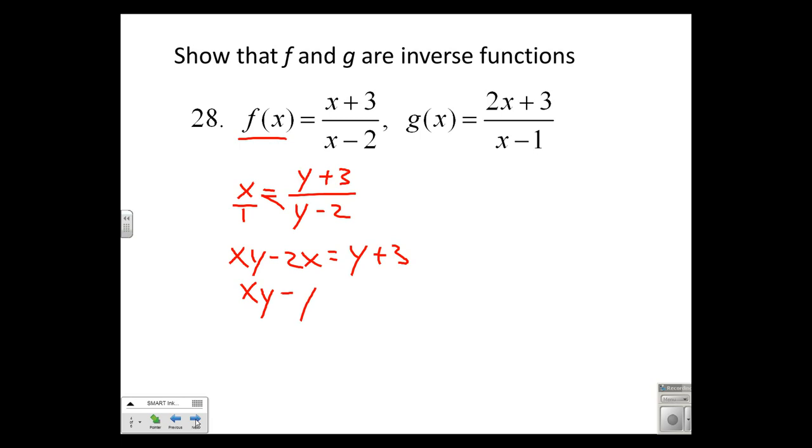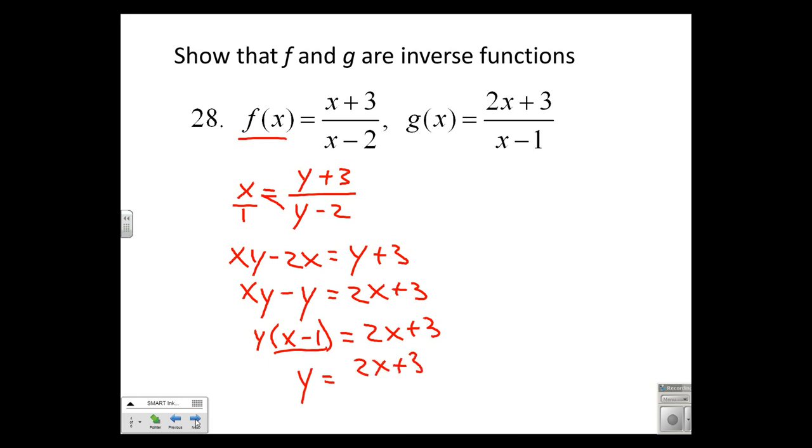Xy minus y equals add 2x joins a plus 3. I'm going to factor out a y. Y times x minus 1. That's good news. Now I have a single y finally. And I can divide away this factor. Y is 2x plus 3 over x minus 1.